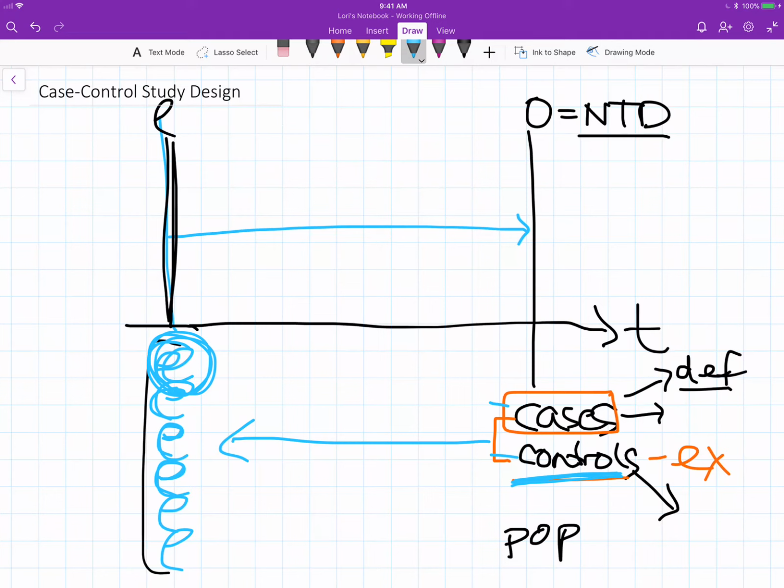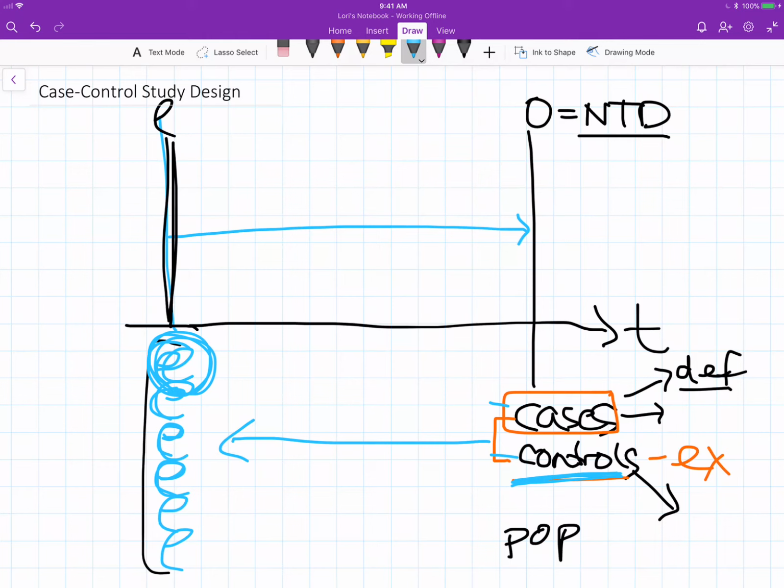And so that's in a perfect world, 100% of cases would be exposed and 100% of controls would be not exposed to that particular thing. And again, that's in a perfect world. But that's really what we're shooting for in terms of a case control study.